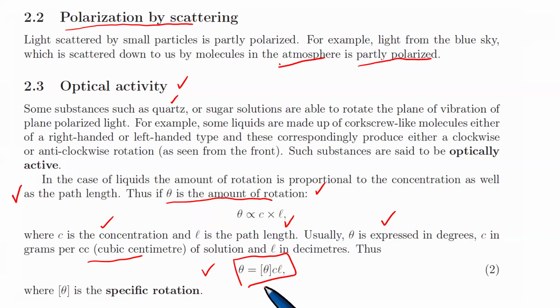So the amount of rotation theta is the specific rotation multiplied by C times L, the concentration times the path length.